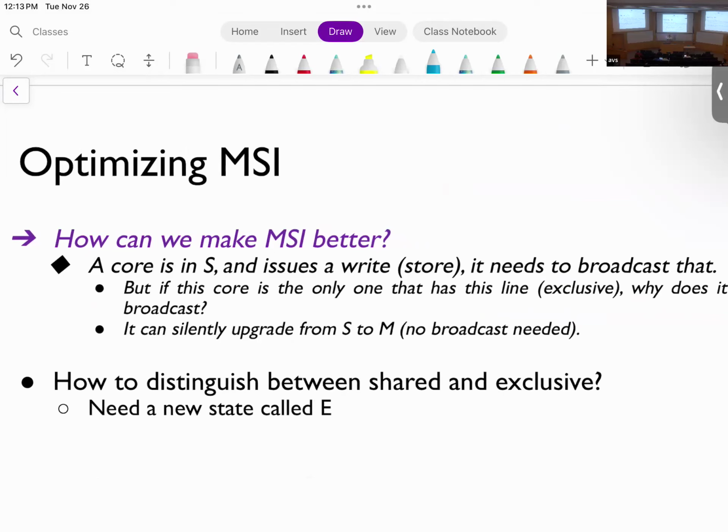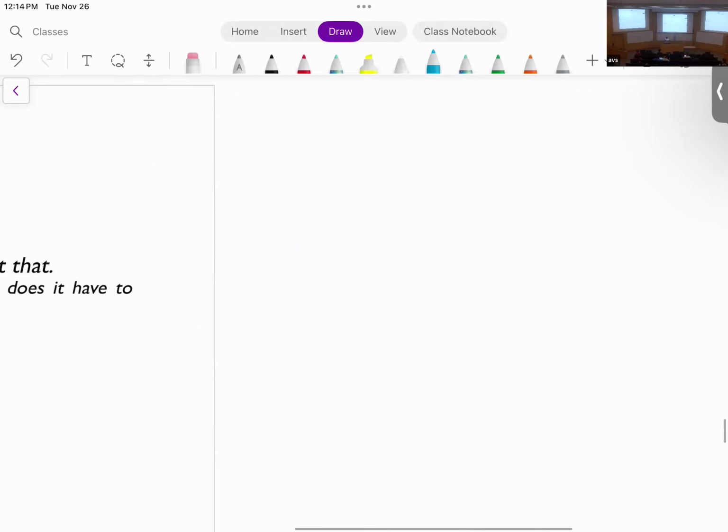Why is this beneficial? Because it reduces the amount of broadcasting. And reducing broadcasting is helpful because it reduces the traffic and saves energy and time. And there are many instances where one core and one core only has the data. As I said before, there are many instances where core X, for example, has some program that is not shared with other cores. So there's no sharing going on between the core and the other cores.